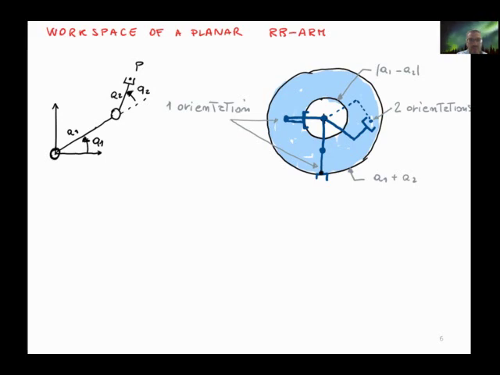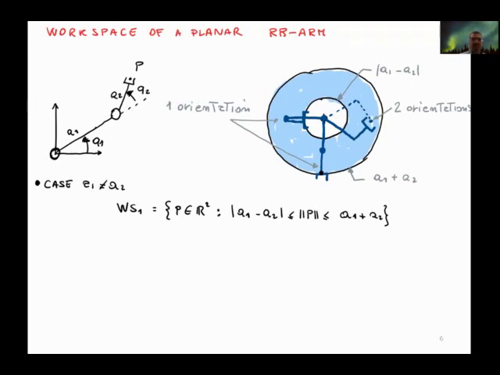because that depends on the position of the two joints. And you can completely fold it, and in the case that the link lengths are different from each other, you cannot, in essence, place the end effector inside this circle.